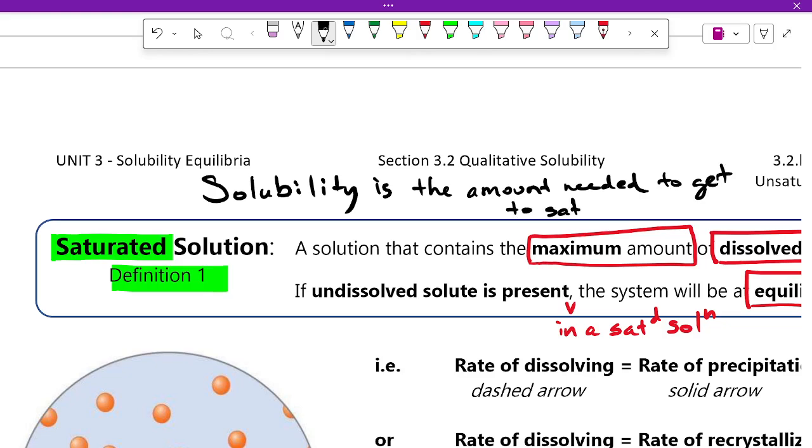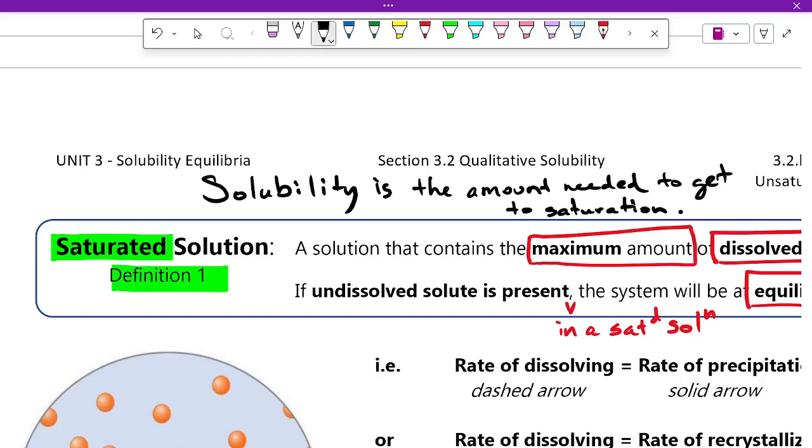Is that just kind of on the nature of the reaction? Yes. So for example, if we had sodium chloride, Na plus, Cl minus, those are both third row elements.